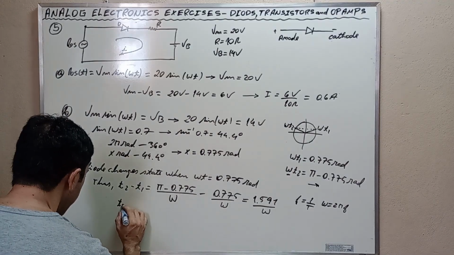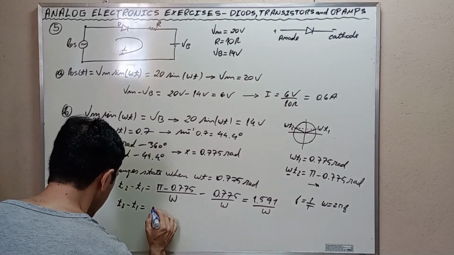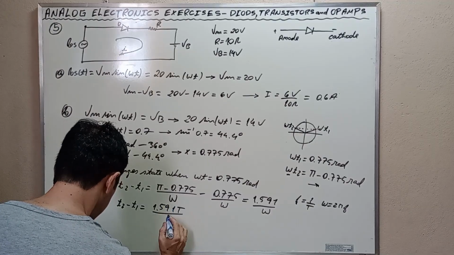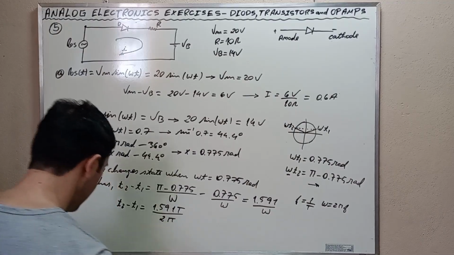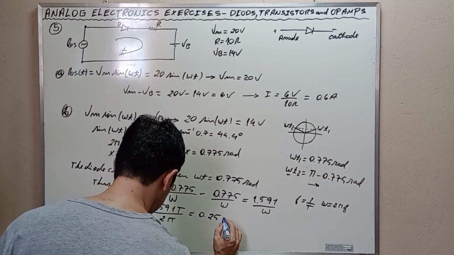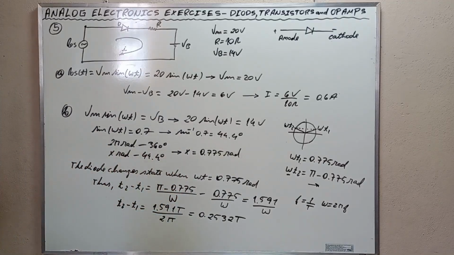T2 minus T1 is equal to 1.591 times the period divided by 2 times pi, and this is equal to 0.2532 times the period. And what is the conclusion that we get from this? We conclude that the diode is on for 25.32% of the period, okay?